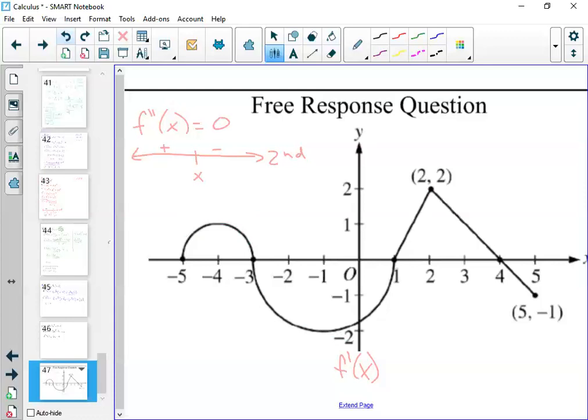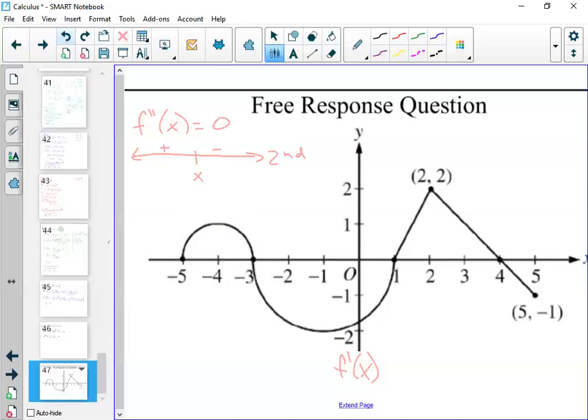Part C. Find all intervals where the graph of f, not f prime, f, is concave up. F is concave up when f double prime is positive. F double prime is the slope of f prime.